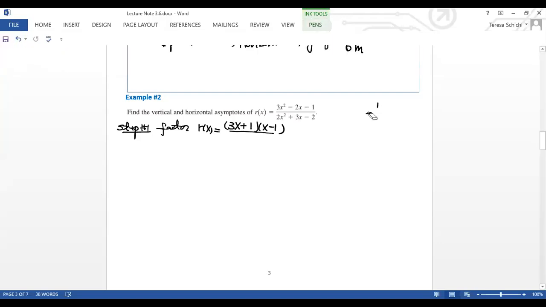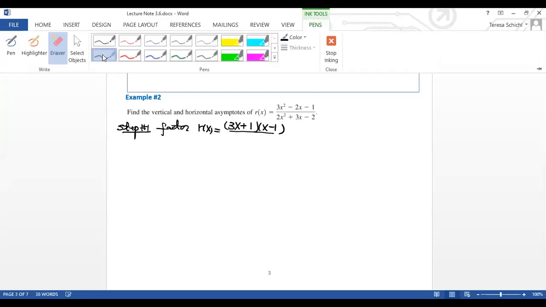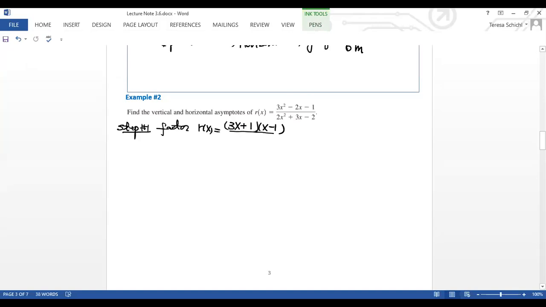Let's see, is that working or not? The 3x squared, yes, that's working. The next one is 2x and the x, so it's a minus, this is 2 minus 2, so this is plus 3. Let's check: 2x squared, 2x, 4x minus 2. Yes, it worked.